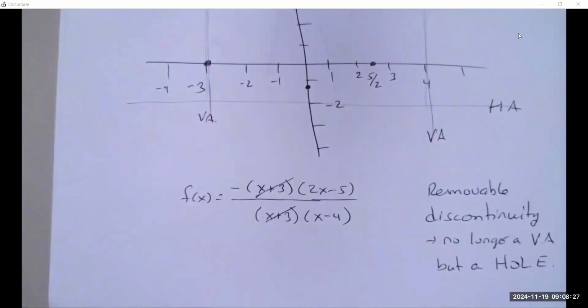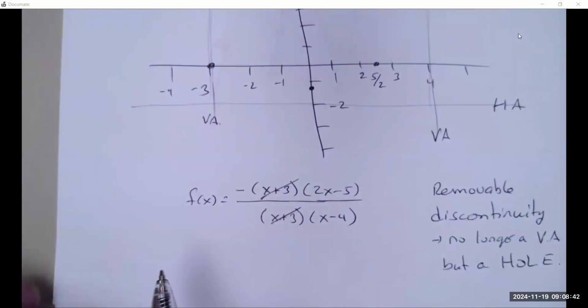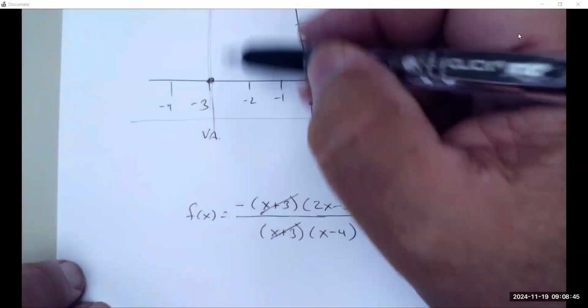Whenever the x-intercept and the vertical asymptote are the same thing, that means something cancels on top and bottom. So what we have to do now is look at the graph of this function. In other words, this vertical asymptote is gone.